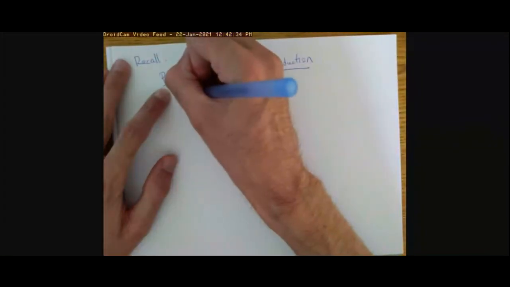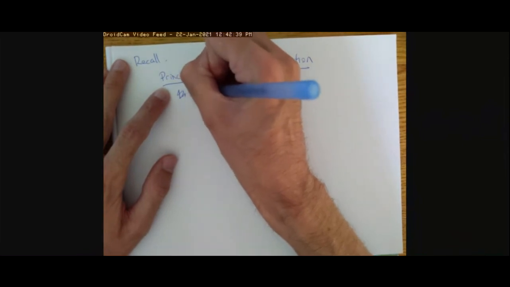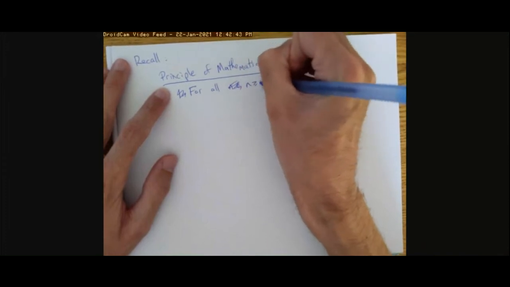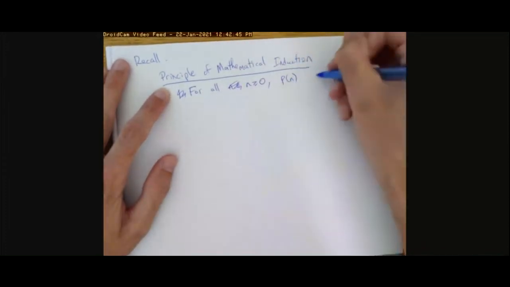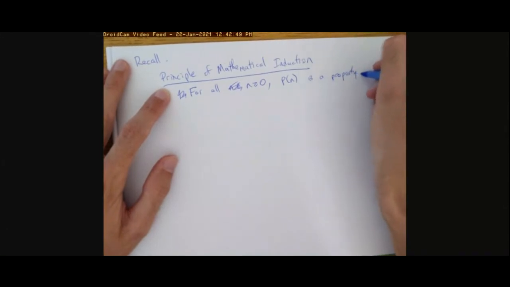For all n greater than or equal to 0, P of n is some property or statement.